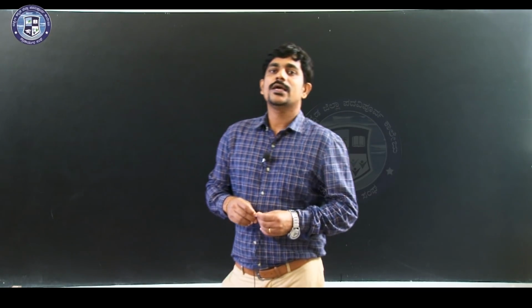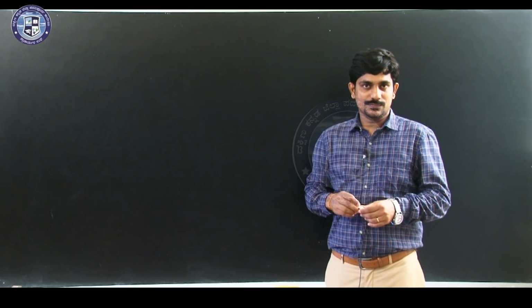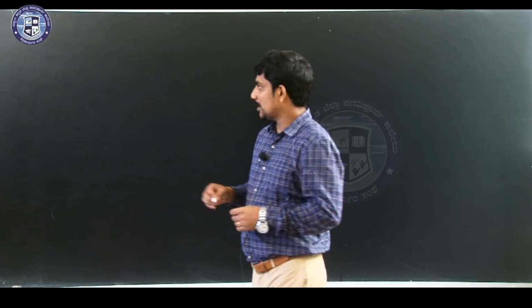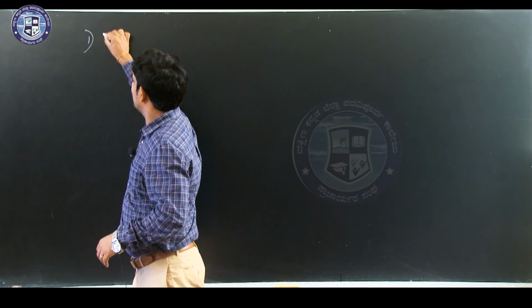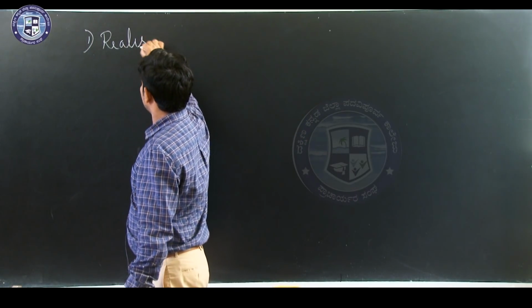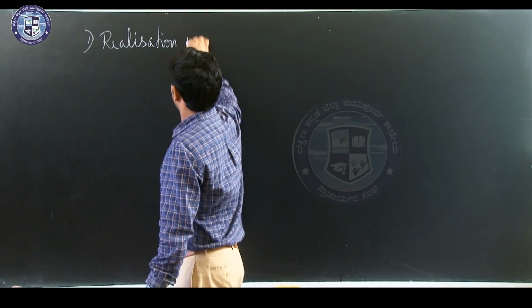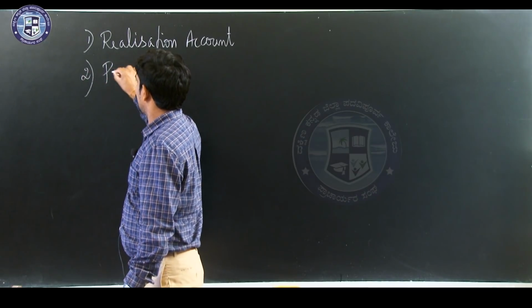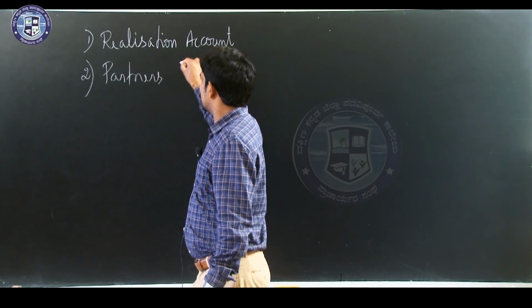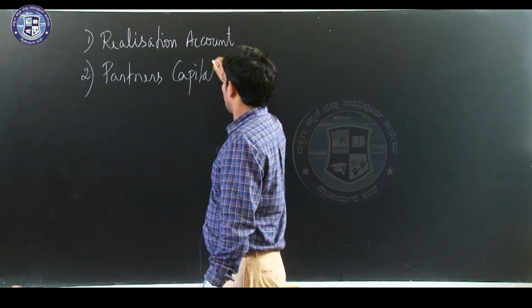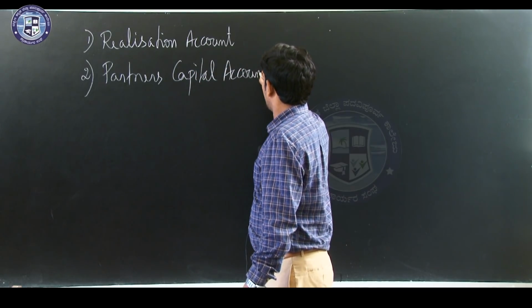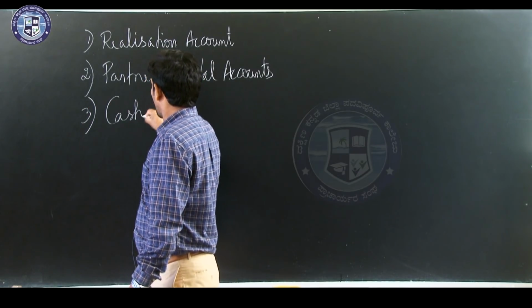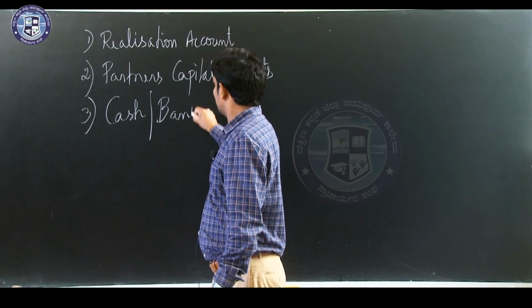Now, in dissolution of partnership firm, we need to prepare 3 accounts. So, which are those 3 accounts? One is realization account, second one is partners capital accounts, and third one is cash or bank account.